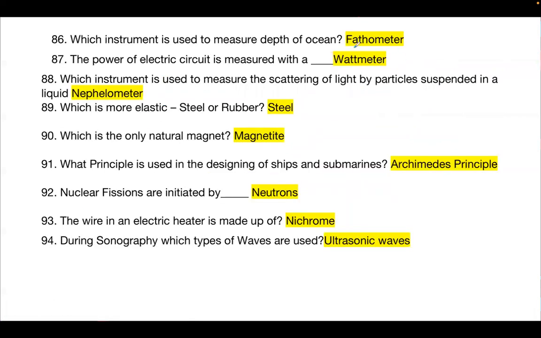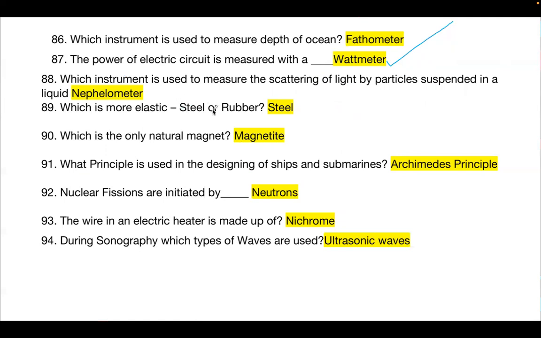Which instrument is used to measure the depth of ocean? It is fathometer. The power of electric circuit is measured by wattmeter. And the instrument used to measure the scattering of light by particles suspended in a liquid is nephelometer.